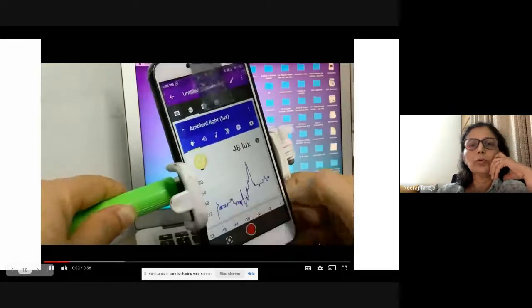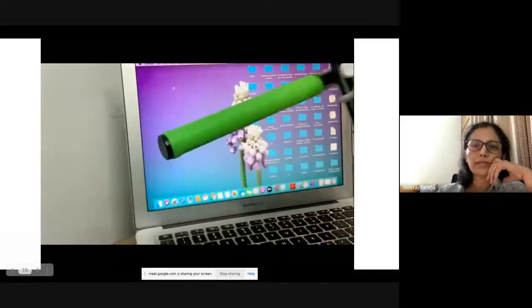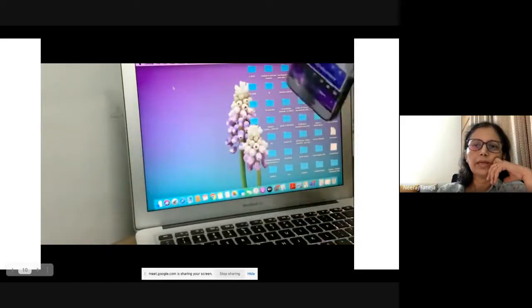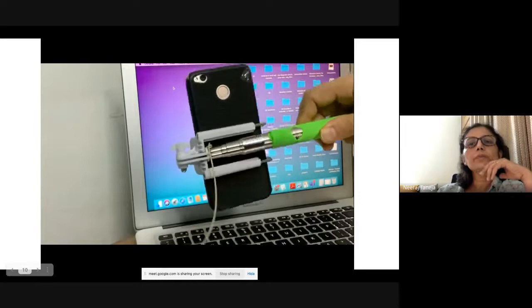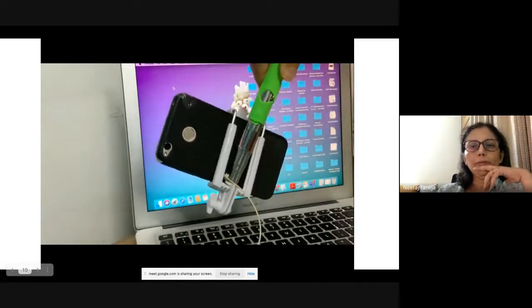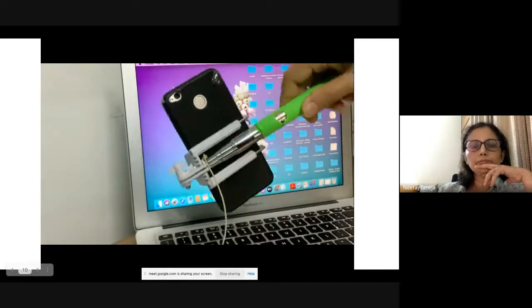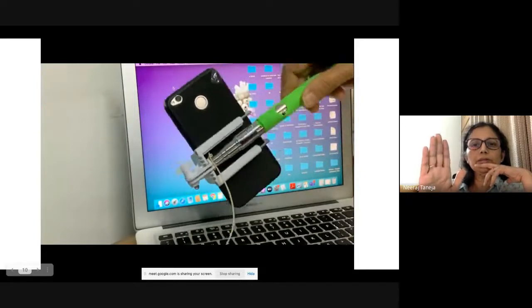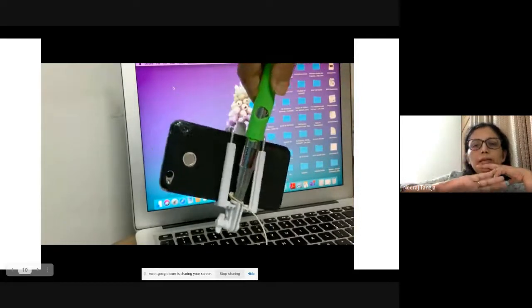So again, I'm holding the phone with my selfie stick, and I've turned the phone towards the screen of my laptop, and I'm turning it around from 0 angle to the screen and then 90 degrees.